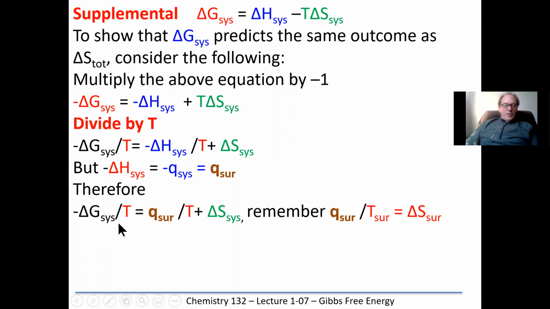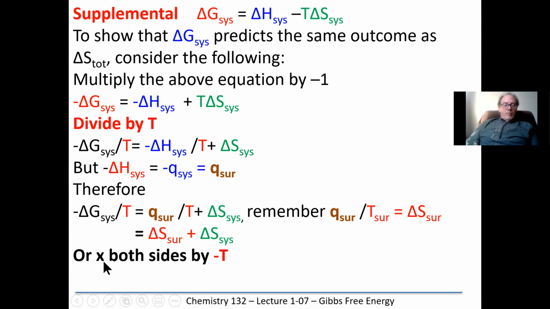So minus delta G system divided by temperature equals Q surroundings divided by temperature plus delta S of the system. Now remember, Q surroundings divided by temperature is equal to the entropy change of the surroundings by definition. So we can now replace Q surroundings over T with delta S surroundings plus delta S system. Or if we multiply both sides by minus T, we end up with this equation.